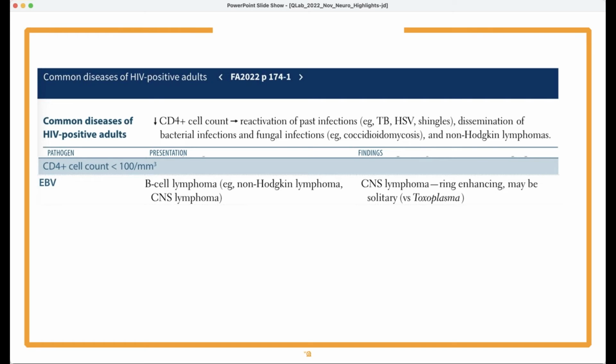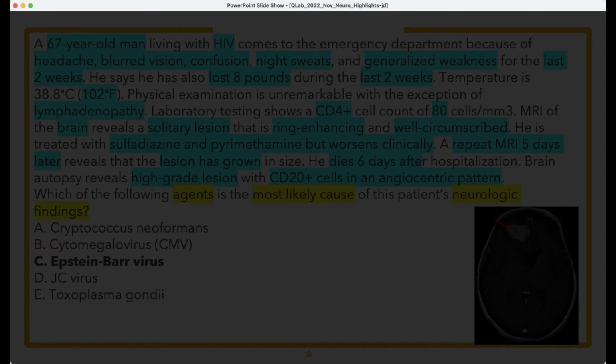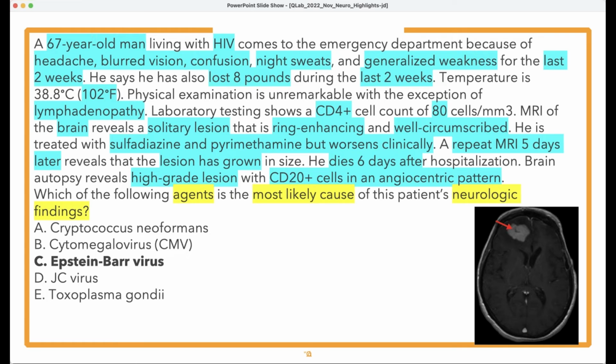So if we go back to our question in our vignette, what they were getting at is patients are often initially treated with sulfadiazine and pyrimethamine because they're thought to have toxoplasmosis, because that's much more common. And they usually respond to that treatment. In this case, the patient didn't, and he worsened. So it's actually probably not that, and instead primary CNS lymphoma driven by EBV.